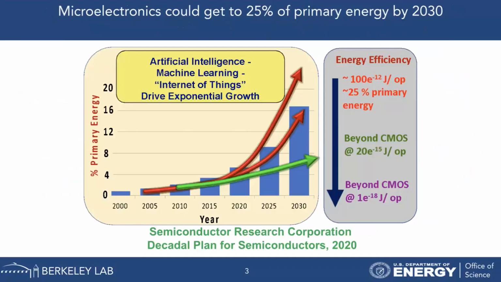So this Beyond Moore's Law co-design program is designed to address the challenges of ever-growing power consumption in microelectronics. It has been predicted that by the end of this decade, microelectronics alone could get to up to 25% of the overall primary energy consumption.